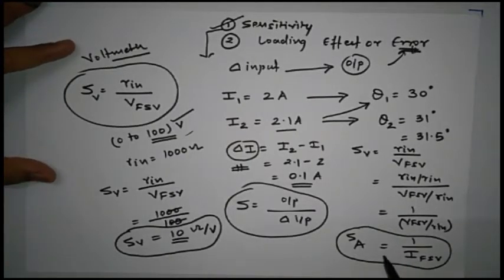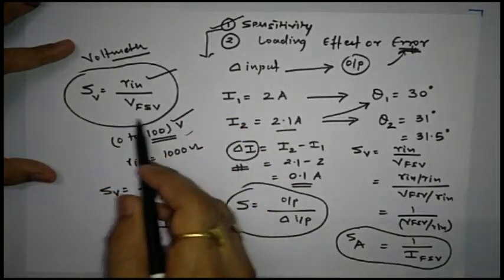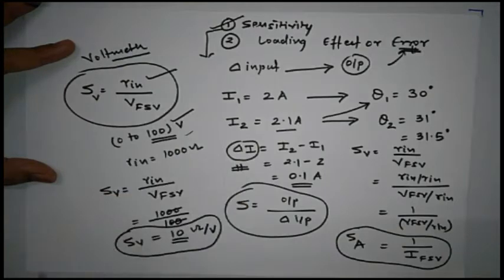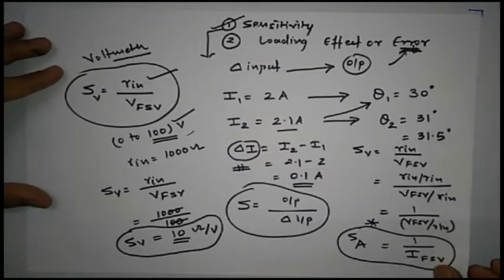So the formula to calculate sensitivity in case of voltmeter is the ratio of internal resistance of voltmeter to its full scale value or full scale deflection, and the formula to calculate sensitivity in case of ammeter is 1 upon its full scale value or full scale deflection of that particular ammeter. So this is what about the sensitivity.